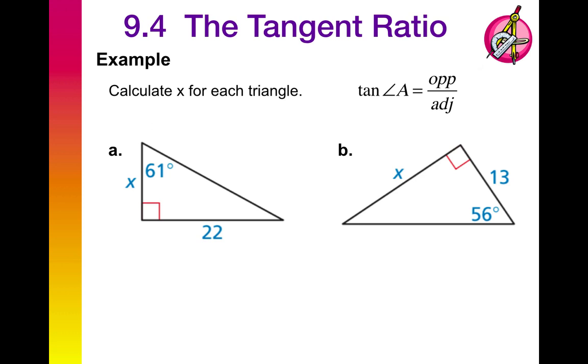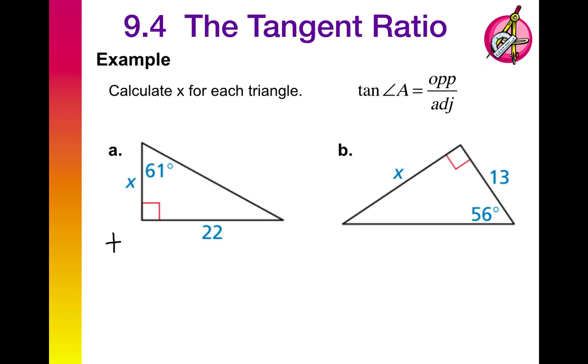Let's try this for the next two problems. I have this triangle over here. I have an angle 61, and then one leg is x and the other leg is 22, so I want to find out what x is. So I'm going to write this out.